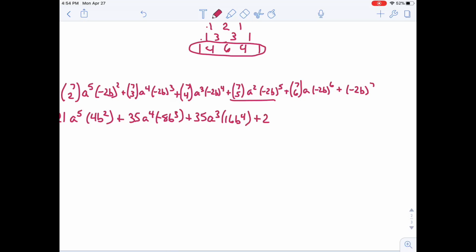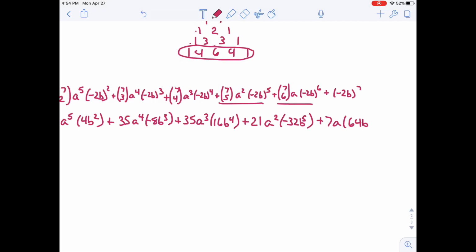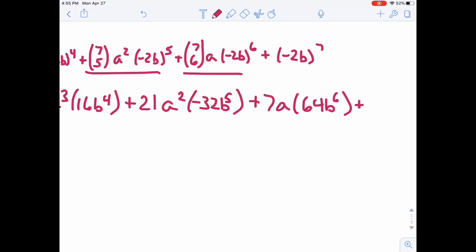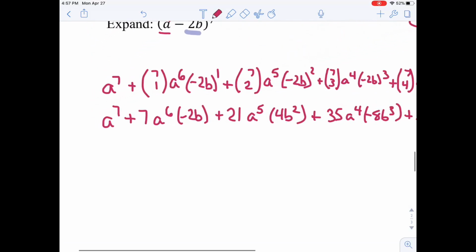We got 7 choose 5, which is 21, a squared, and that gives us negative 32b to the fifth. 7 choose 6, that's just 7a, and then negative 2b to the 6th is 64b to the 6th. And then our last one, negative 2b to the 7th.